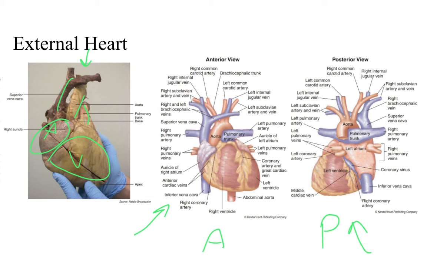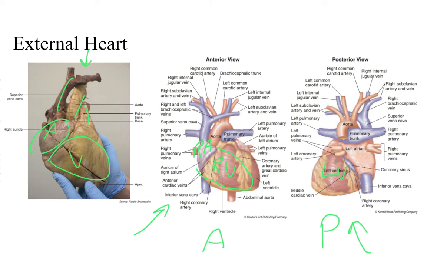Again, if you're looking at the heart straight on, you know that this right here is going to be the right ventricle, and this is going to be the right atrium. And then if you look at the back of the heart, or the posterior side, you know that that is going to be the left ventricle. All right, so that'll give you a good start.